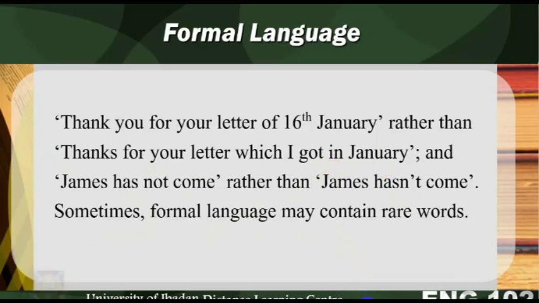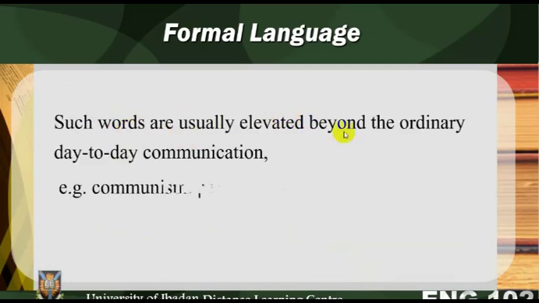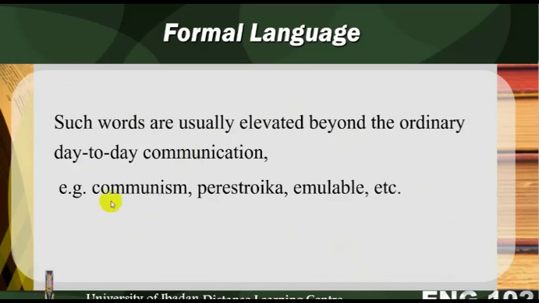And James has not come, rather than James hasn't come. Sometimes, formal language may contain rare words. Such words are usually elevated beyond the ordinary day-to-day communication, e.g., communism, perestroika, emulable, etc.